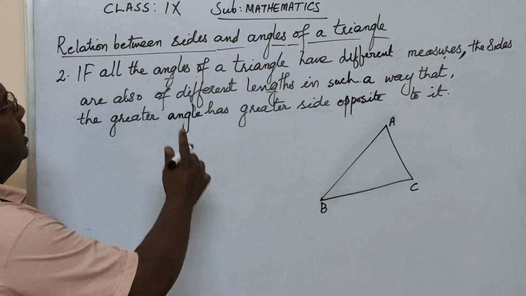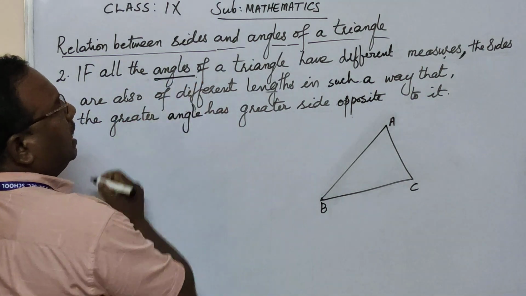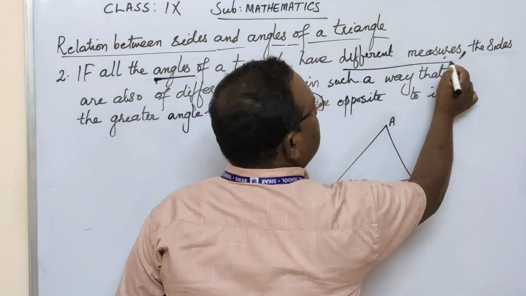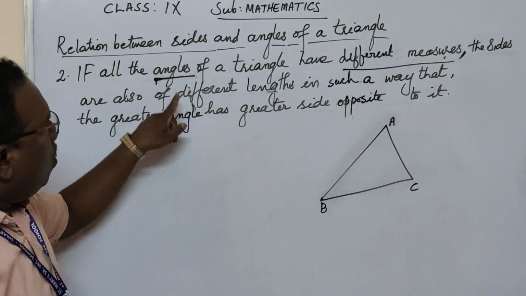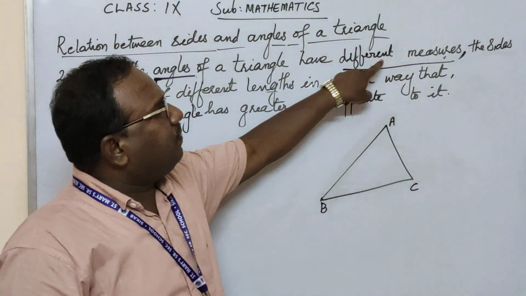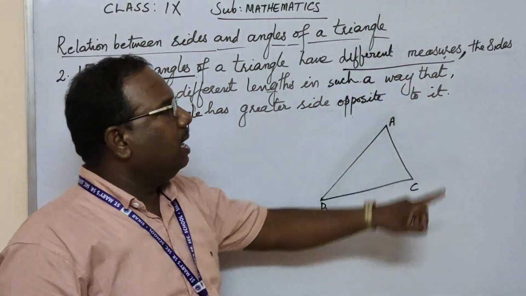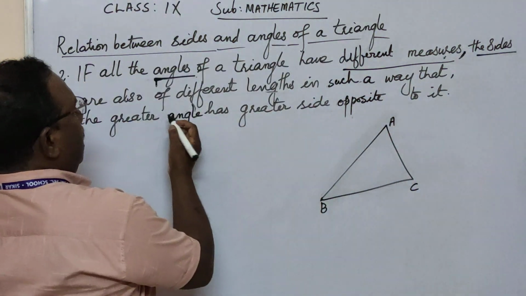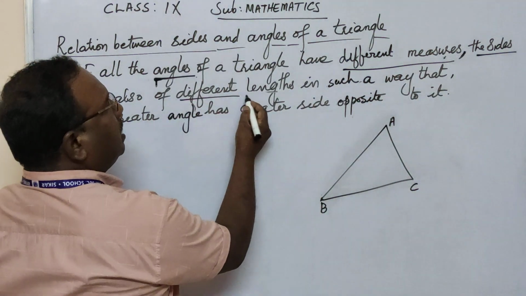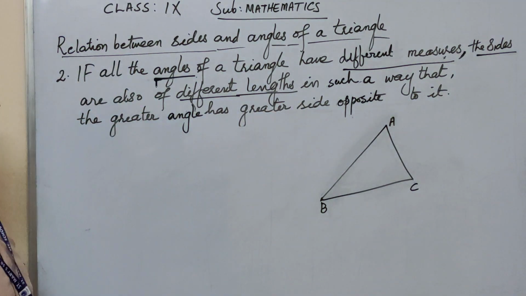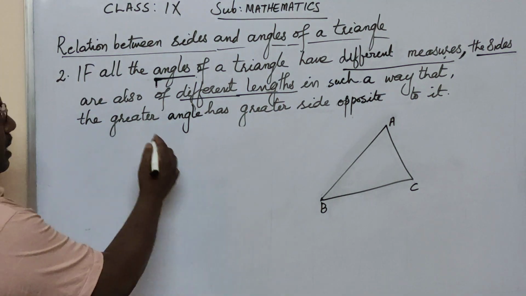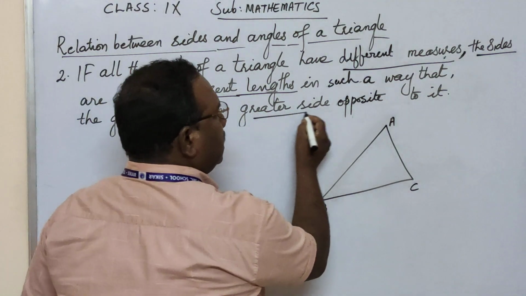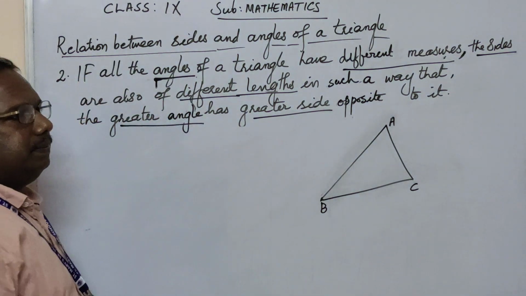Look at the board: if all the angles of a triangle have different measures, sides are also of different lengths in such a way that the greater angle has greater side opposite to it.